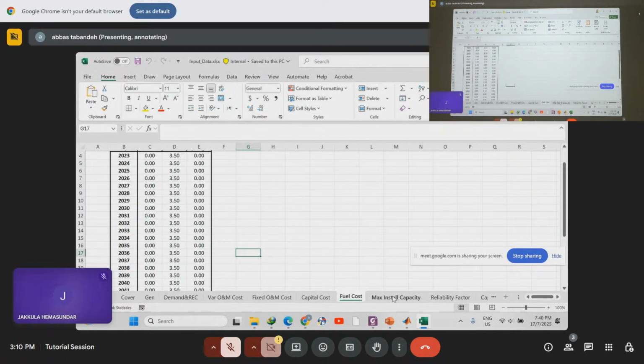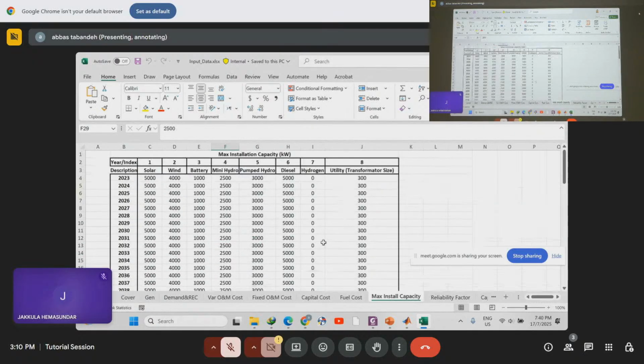Another technical limitation that we can have in our problem is maximum installation capacity. It shows the constraint on the installation of the technologies. We have used large numbers to show, if we don't have that much limitation or technical constraints on technologies, which one would be cheaper to install.